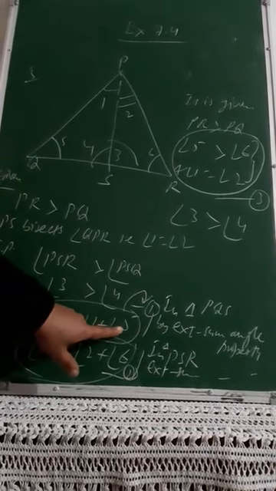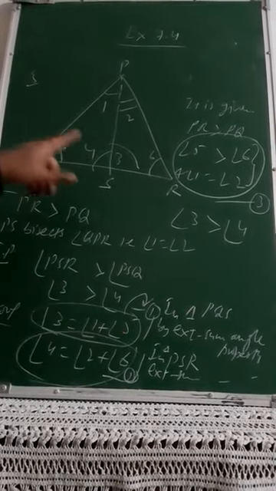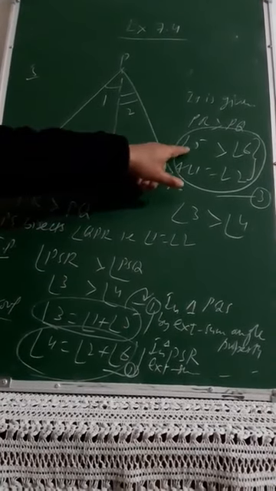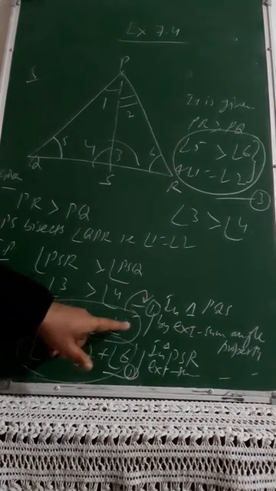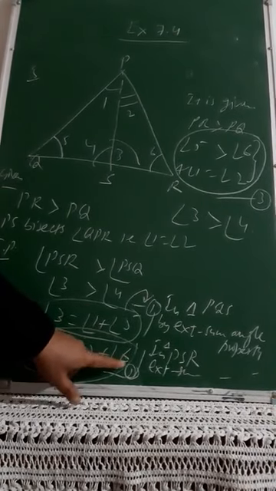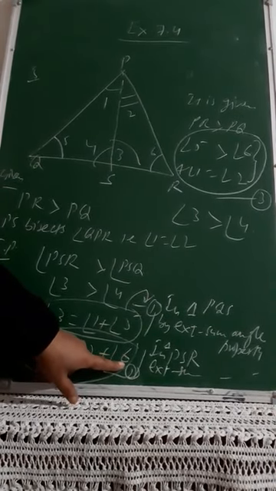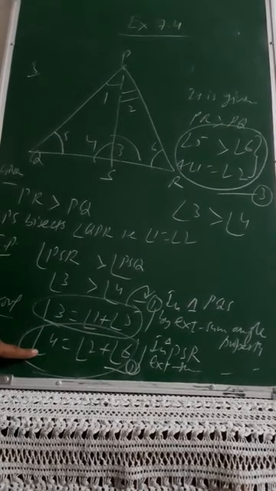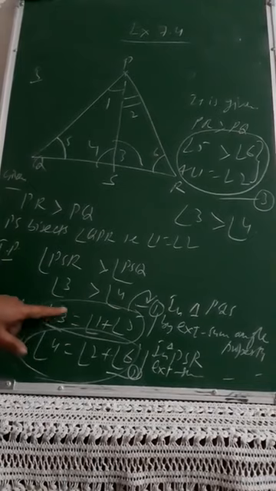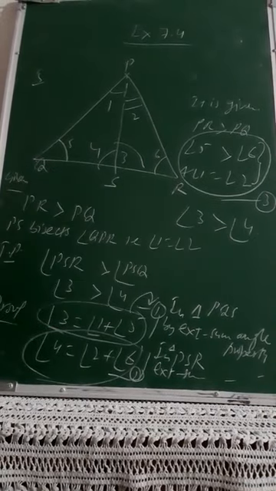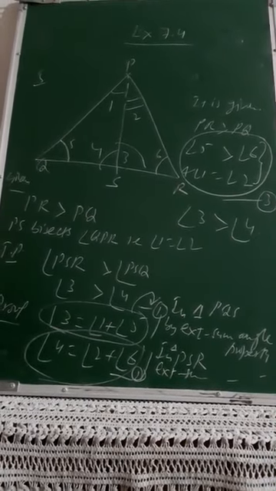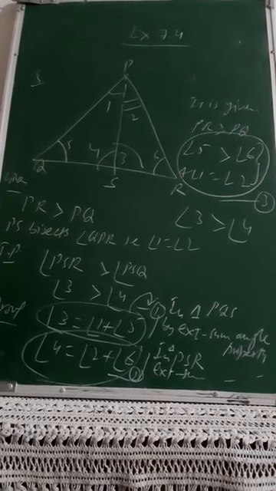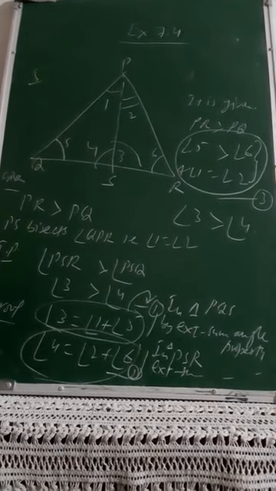Then 5 will be 70 degrees. You are saying 5 is less than 6, so 6 will be greater here. Then you can compare the two, which will take you to the result. On behalf of 5 and 6, angle 3 will always be greater than angle 4. Hence proved. So that is the solution for your question number 5.